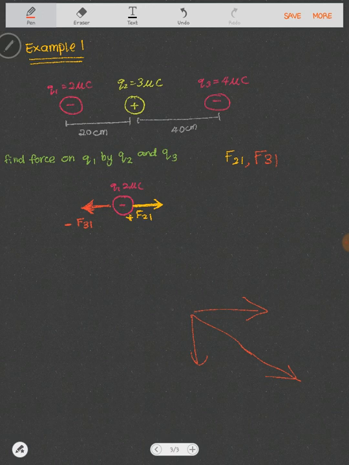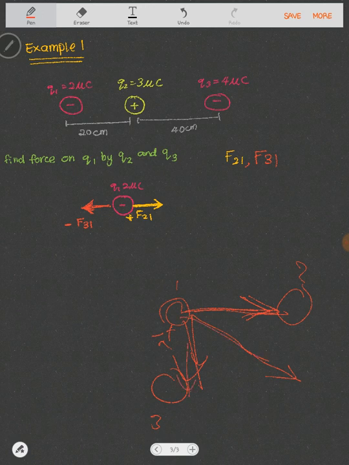So ni charge, contohnya charge 1, ni charge 2, ni charge 3. Charge 2 ni tarik charge 1 ke sini, charge 3 ni tarik ke sini. Macam bila Aina tarik Ali ke sini, Aminah tarik Ali ke sini, akhirnya Ali ni akan pergi ke arah mana? Ke arah sini.